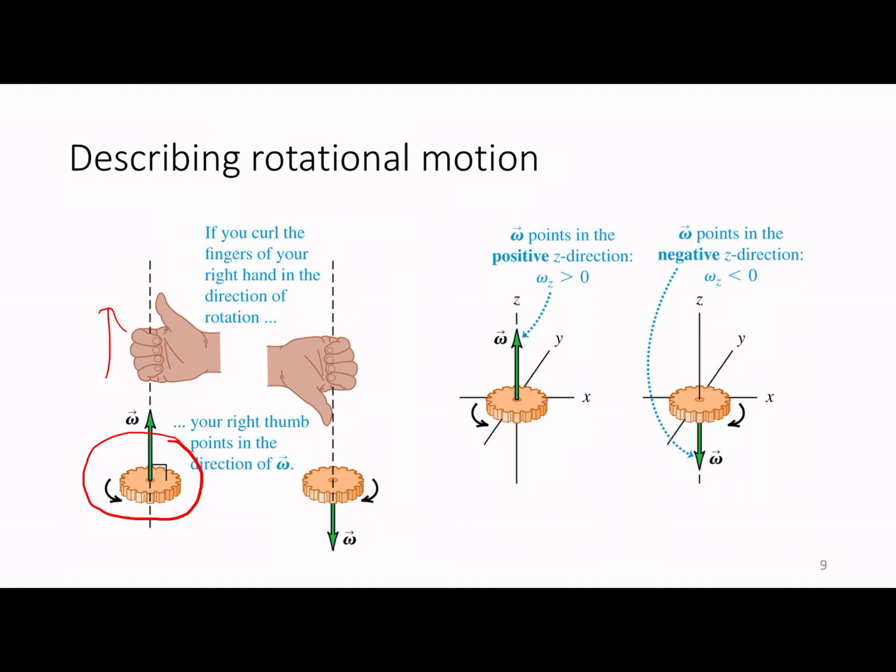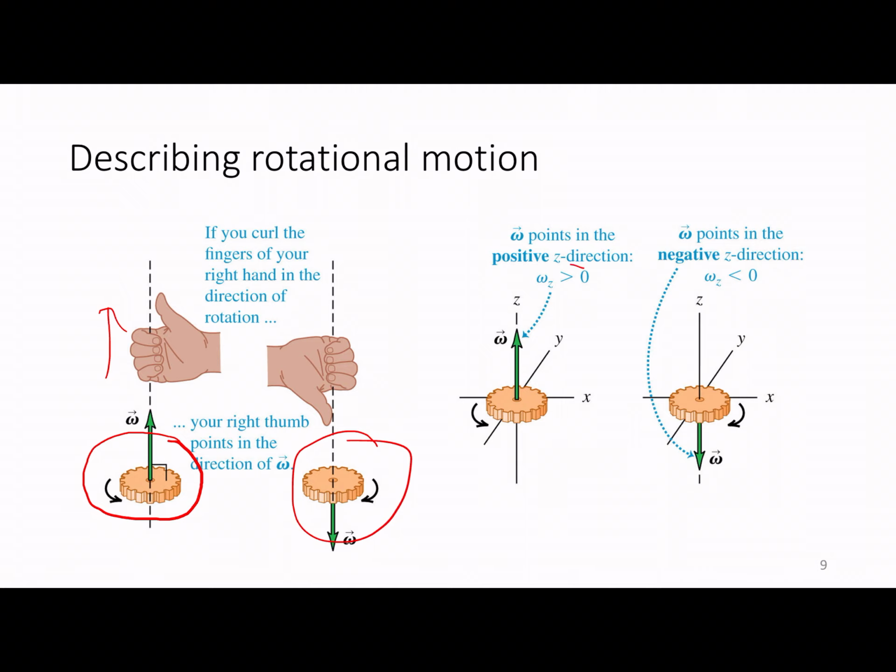The direction of your thumb on your right hand, it's a right hand rule, tells you the direction of the angular velocity omega. Similarly, if I were rotating clockwise down here, I curl my fingers in the direction of rotation and my thumb points down.